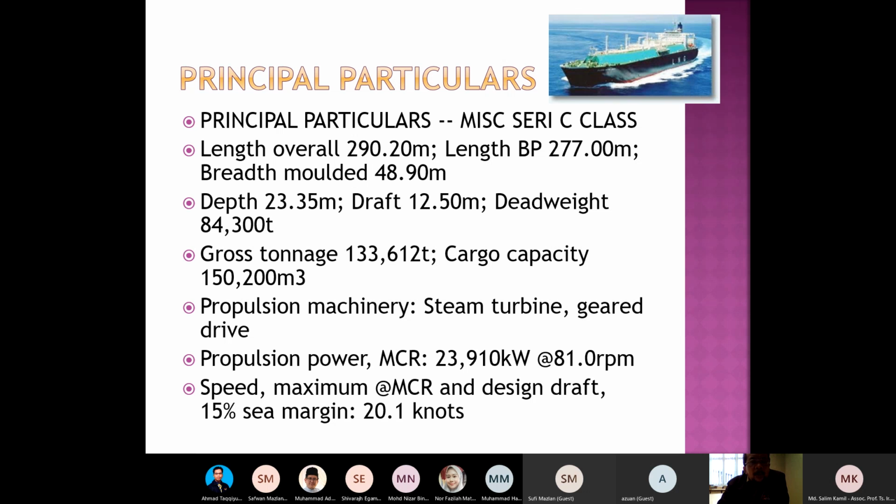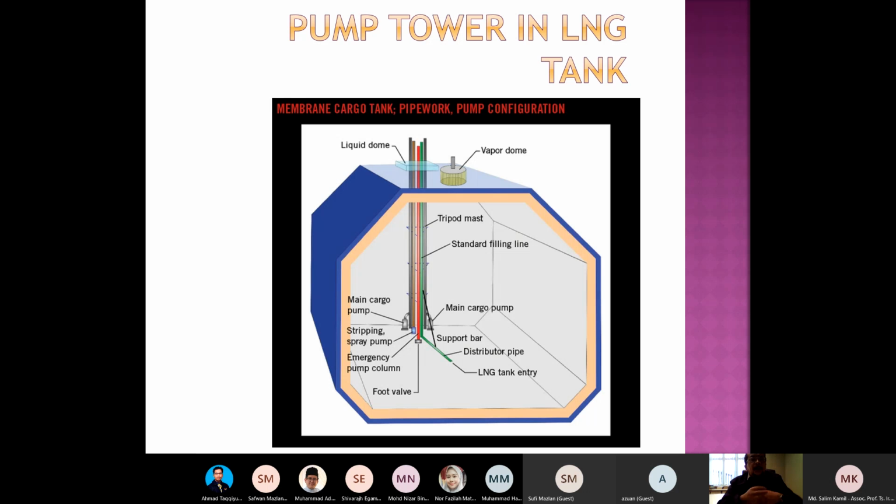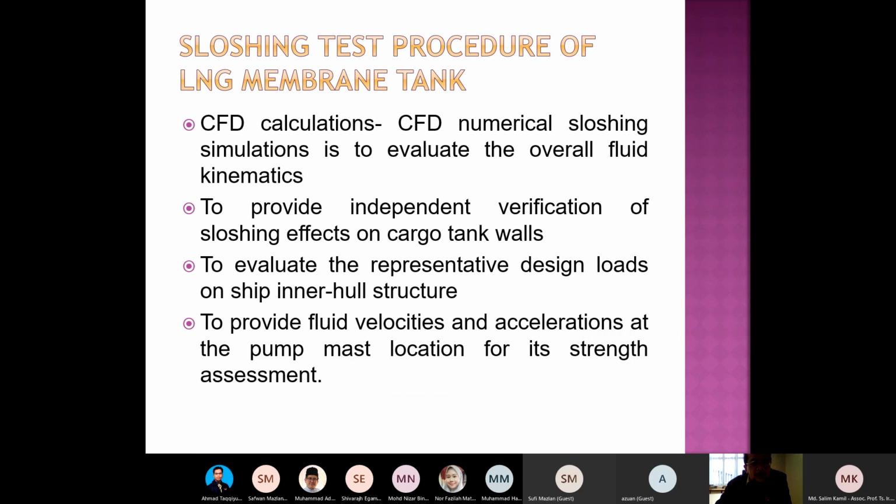Inside the tank is the pump tower, this is the arrangement of the pump tower of the LNG tank. It also has some effect, the drag on the tower, when sloshing is happening. It can also damage the pump tower if the sloshing is very severe. So you can see now why sloshing is important in LNG.